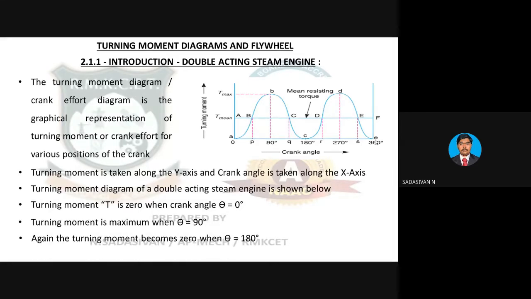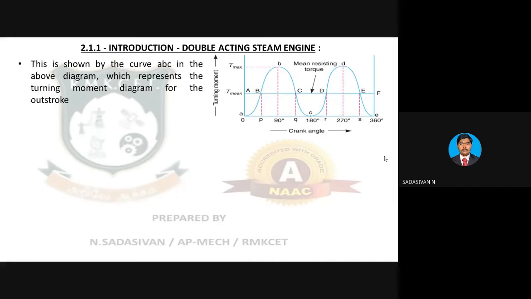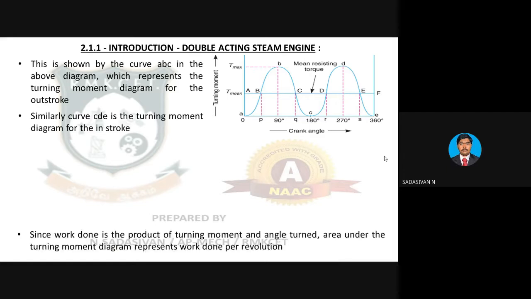Torque is maximum at the 2 points where theta is 90 degrees and 270 degrees, in a double acting steam engine. But internal combustion engines are not double acting, so the fluctuation should be more, correct? Whatever I have told now is explained theoretically here.